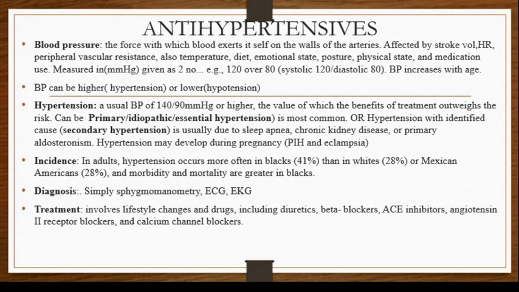This blood pressure is usually measured in millimeters of mercury, and upon measuring, we get two main numbers. For example, as I've indicated over here, we may have the first number being 120, over 80. In this case, the first number, 120, is referred to as the systolic blood pressure.